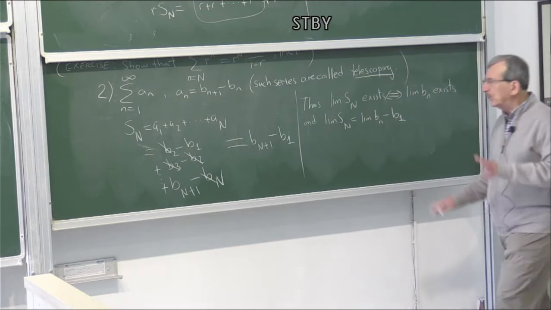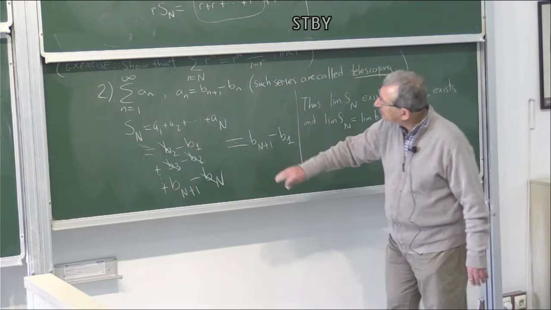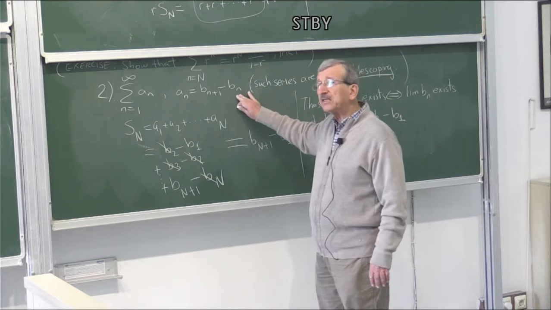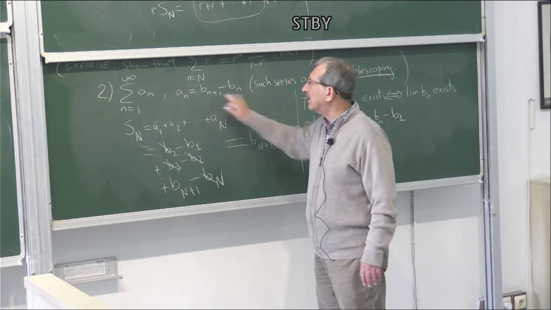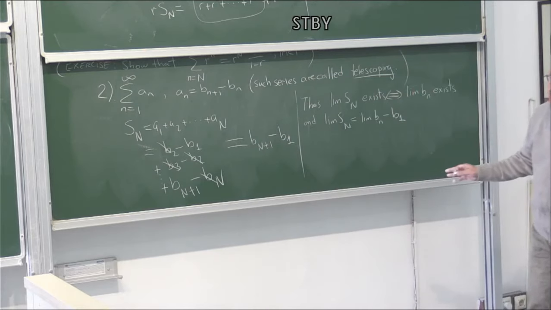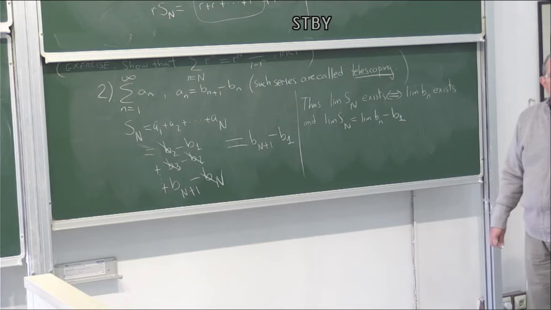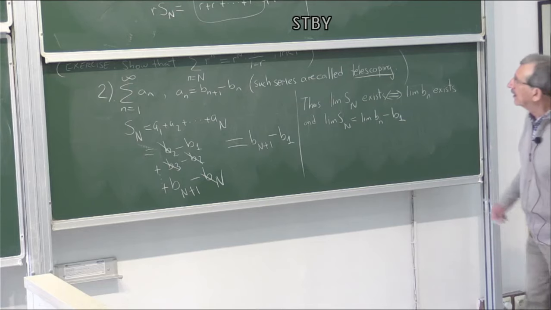Well, you will see that in practice, sometimes we have not bn plus 1 minus bn, but the opposite, bn minus bn plus 1. It just means that you multiply the whole series with minus 1. So the arguments don't change at all. Okay.